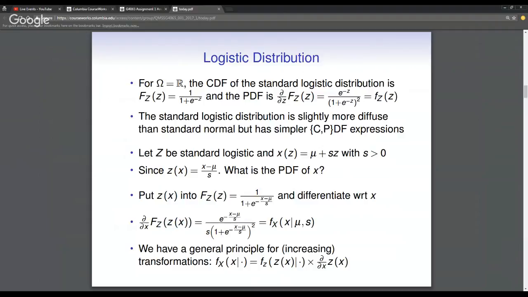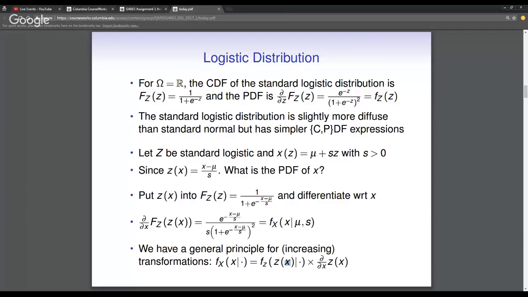That is the PDF of z multiplied by the derivative of z of x with respect to x. And then we just plug in z written in terms of x. So there's no actual z that appears. It's just the expression involving x that is equivalent to z.